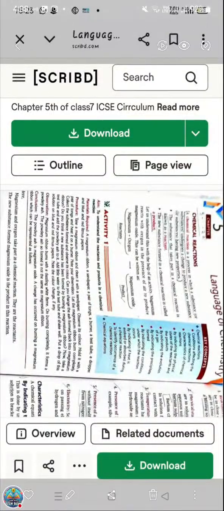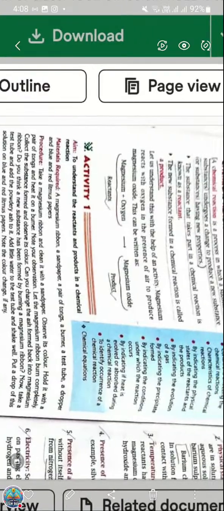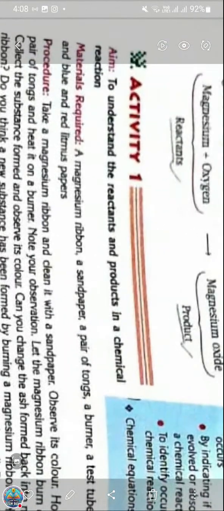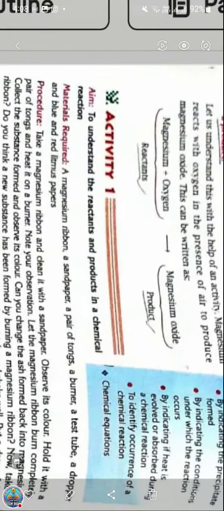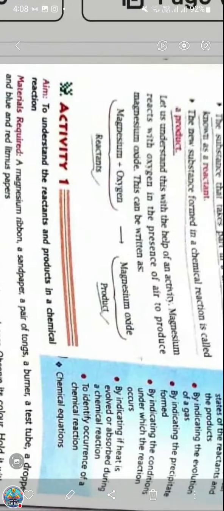So all chemical reactions are given. So here also, to understand the reactant and product in a chemical reaction. Okay, this could be there, like what are products? Substances which are formed in the reaction. So let's understand with the help of an activity: magnesium reacts with oxygen in presence of air to produce magnesium oxide. Okay, valency he explained. He just discussed valency.